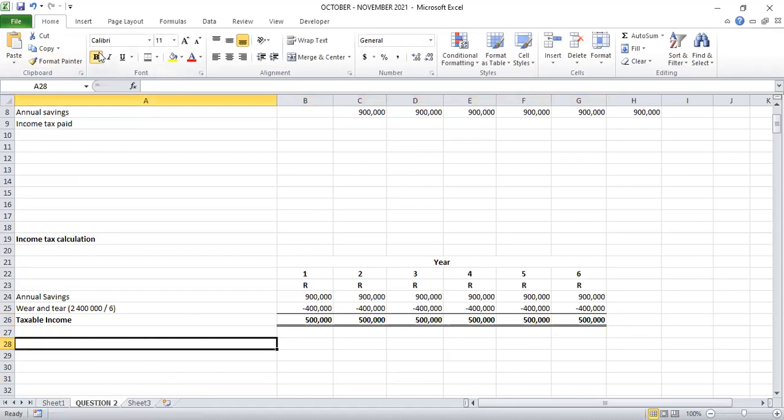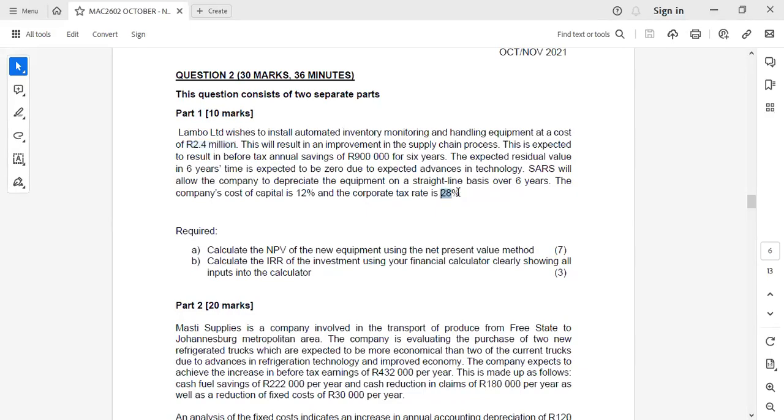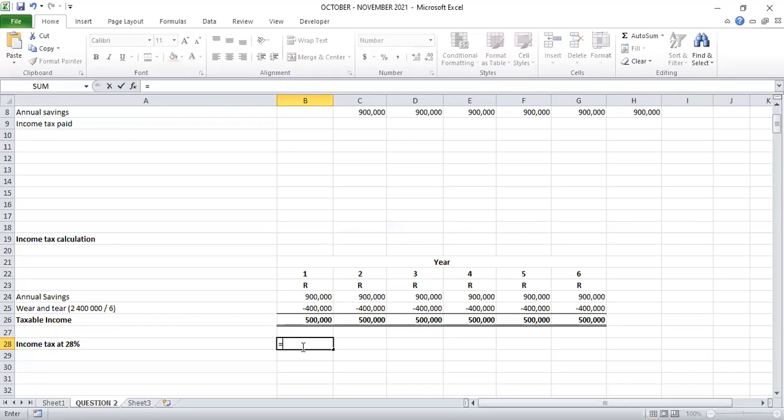Then we get our income tax. What did they say is the tax rate? Especially in your exams, please check, because sometimes these days they are now using the new rate, the 27. So they said 28, so use that 28%. So we find our tax, 140,000.